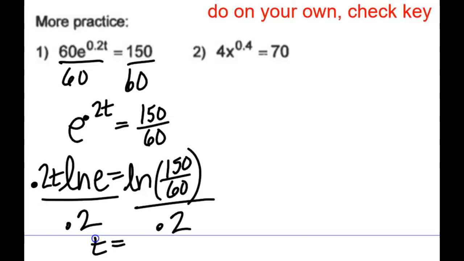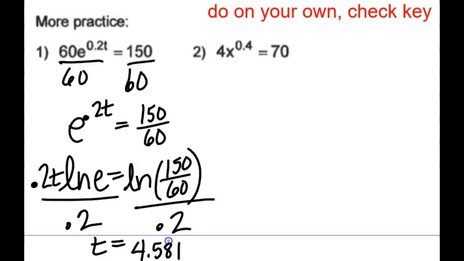Who's going to tell me what they got on that one? The first one I got 150 divided by 60, close parenthesis, divided by 0.2, 4.581? Yep. No? Yeah, I messed up. 150 divided by 60 is 2.5. So did some of you have ln of 2.5 divided by 0.2?